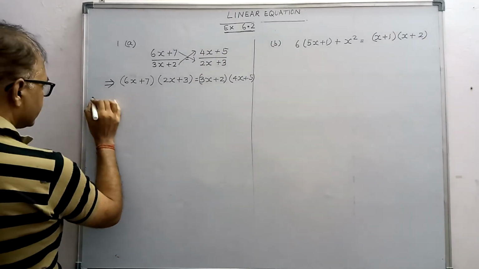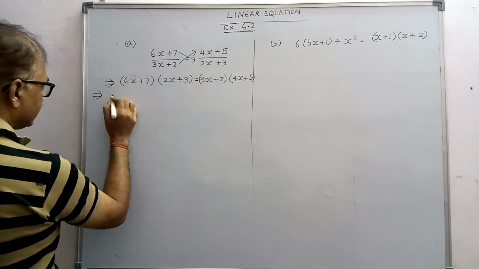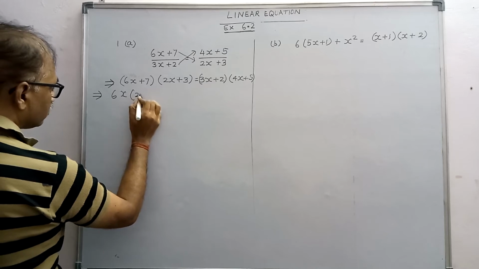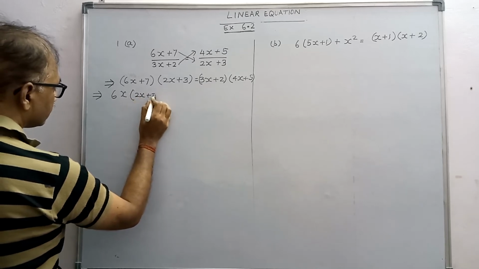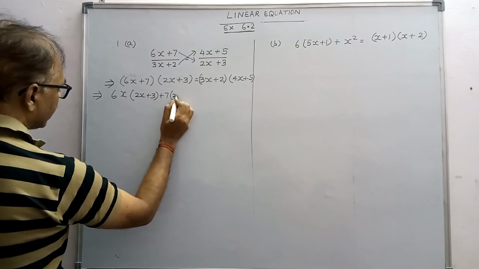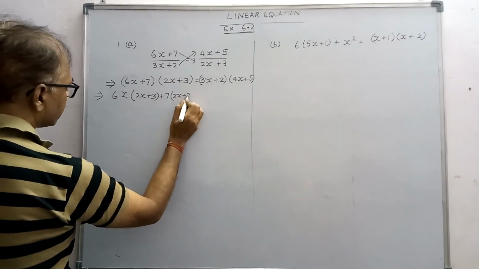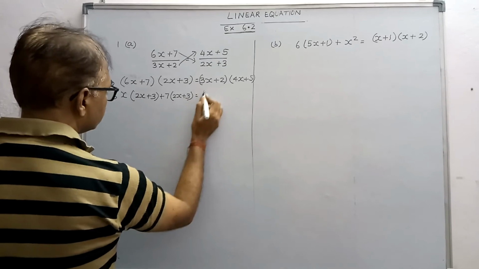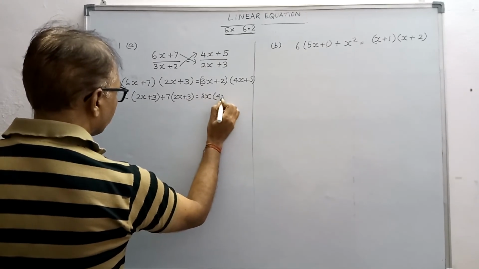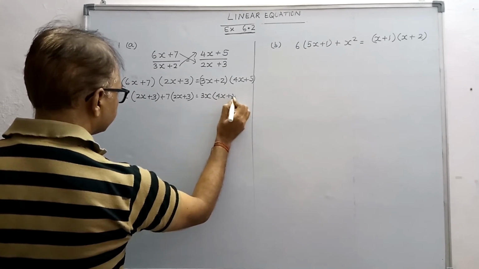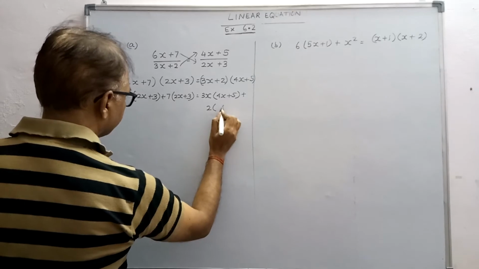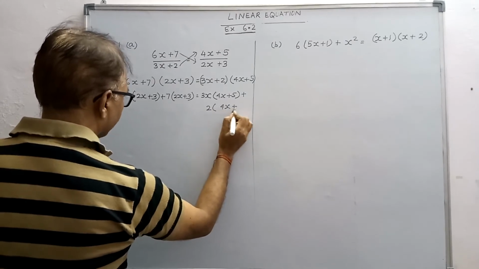So to solve this you will use the multiplication format that we have been using before. 6x multiplied by this whole bracket, 2x plus 3, plus 7 multiplied by 2x plus 3, is equal to 3x multiplied by 4x plus 5 plus 2 multiplied by 4x plus 5.